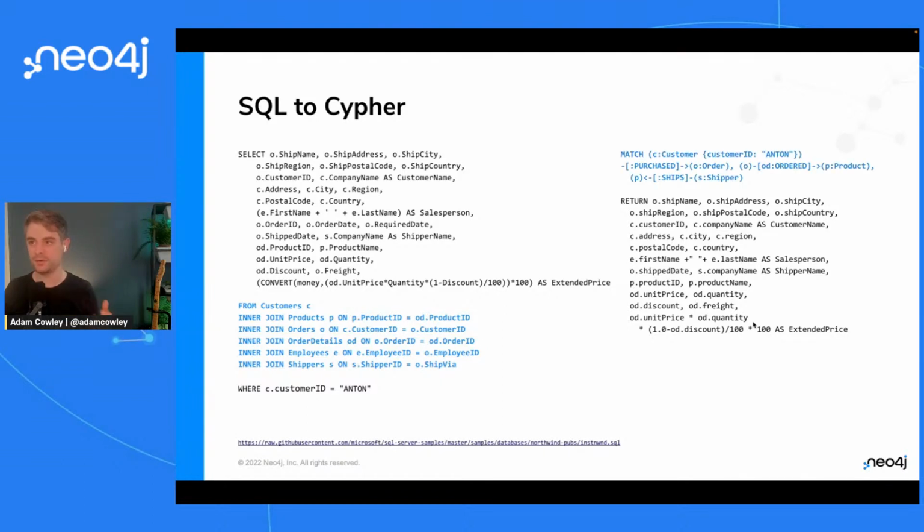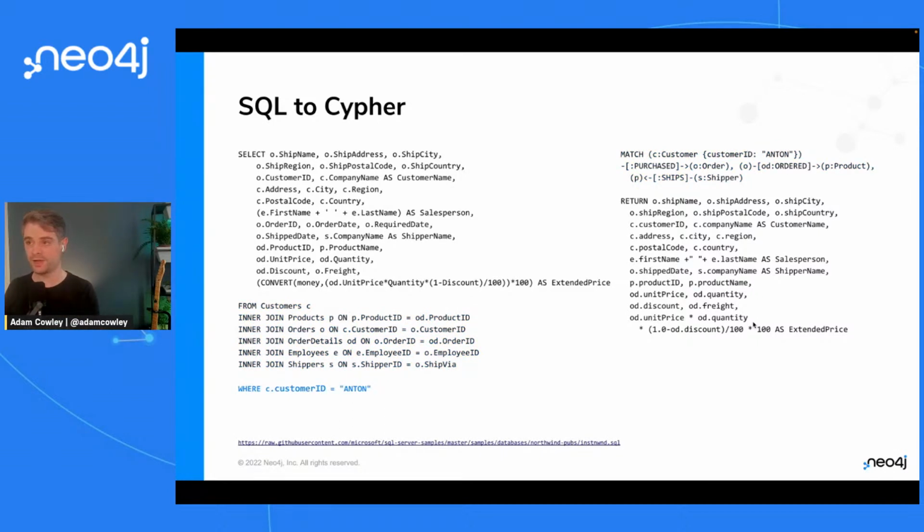What we do in a Cypher query is we define the patterns up front. And we do that by, like I say, drawing the patterns in the data. So even though it's not completely clear, it's easier to reason about. We've got this customer. It has some sort of connection to an order. The order has products in there, and there's a shipper there as well.